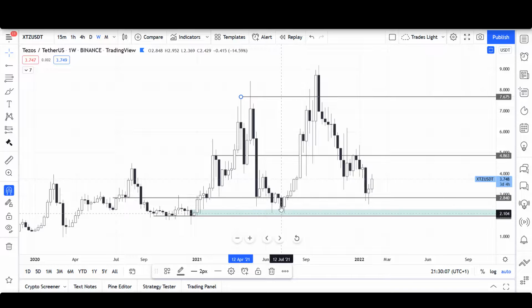This was the July wreckage, then moving up again, support, support, close below, sell off up to this level.